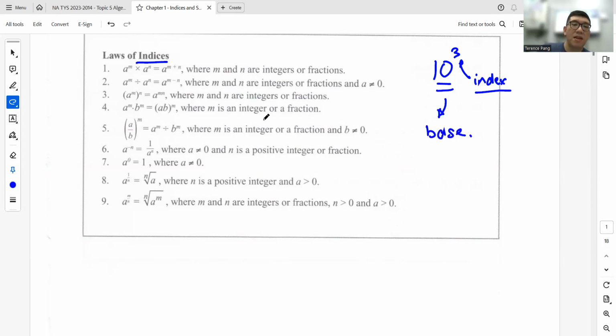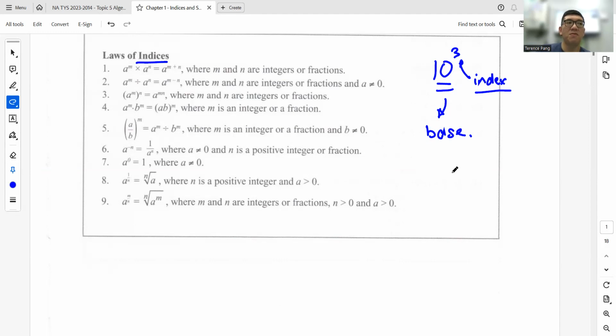This chapter is about manipulating indices so that you can simplify your expressions. Basically, it's using the small index or indices to make what would otherwise be a very large, very long number into a small number. In the practical world, we will use indices to make numbers look nicer and easier to understand.